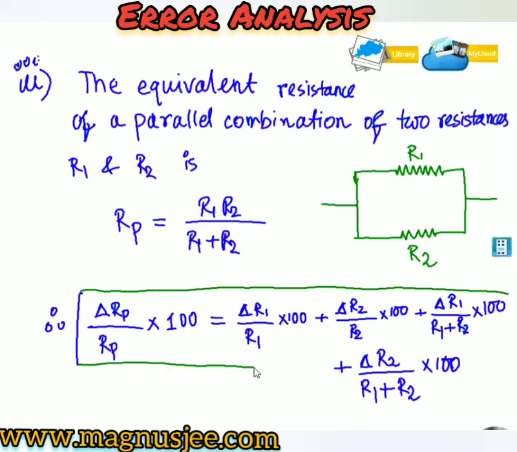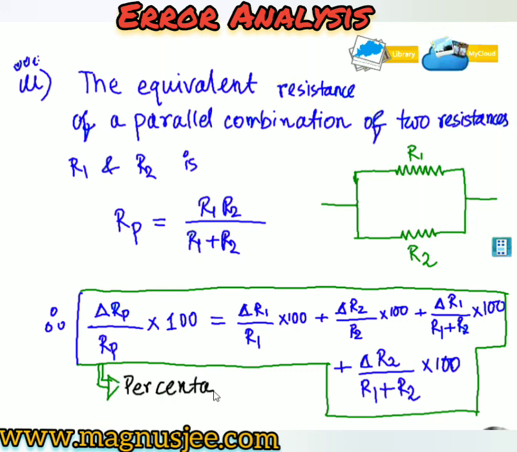But the percentage error in the measurement of equivalent resistance is expressed as the sum of four quantities, which is equal to delta R1 by R1 into 100 plus delta R2 by R2 into 100 and the sum of the other two quantities, and finally we get the percentage error in the measurement of the equivalent resistance Rp.